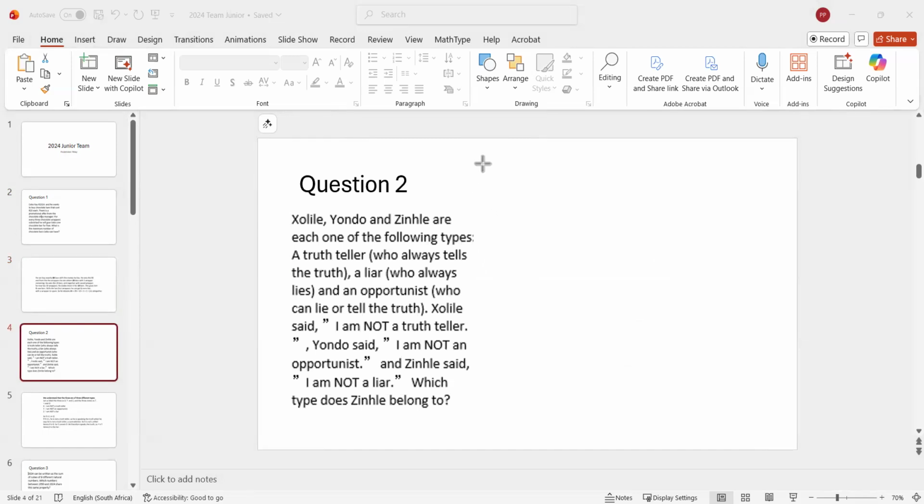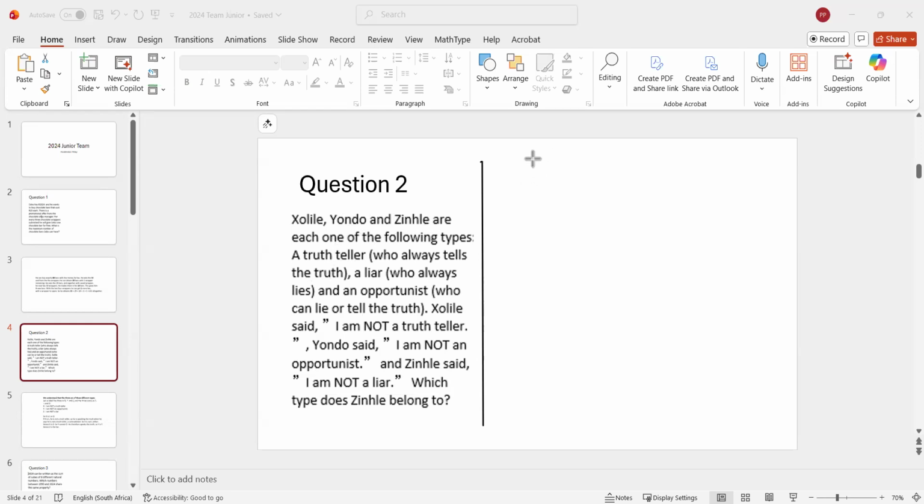Xolile, Yondo, and Zinhle are each one of the following types. It's not clear, but it seems to me that there are three types.